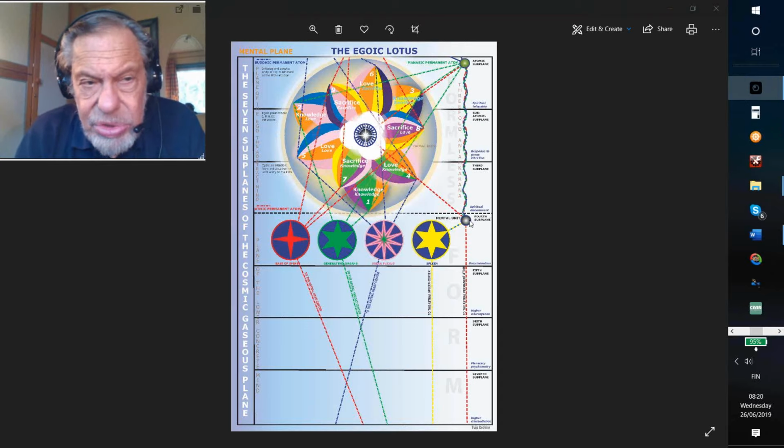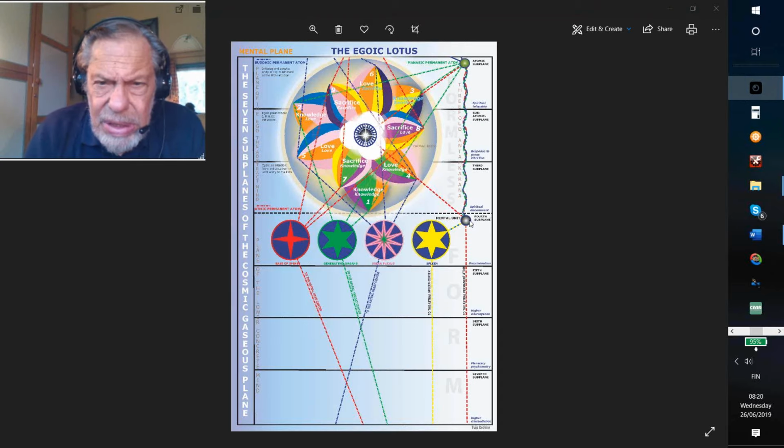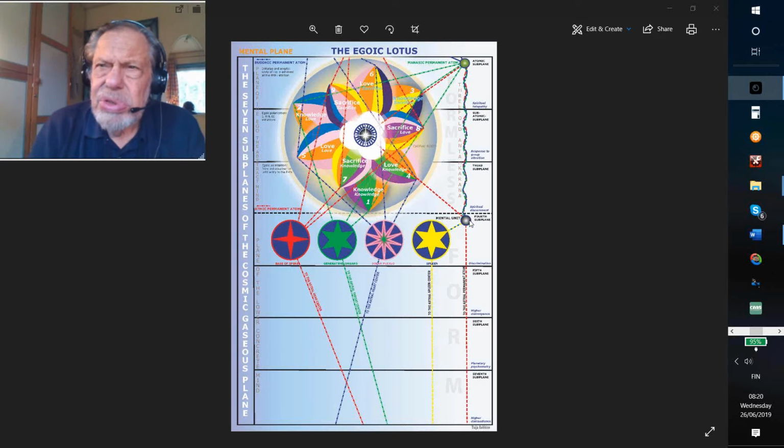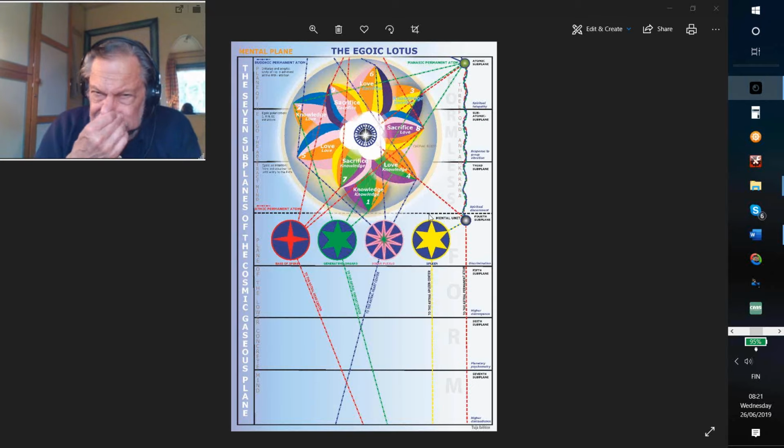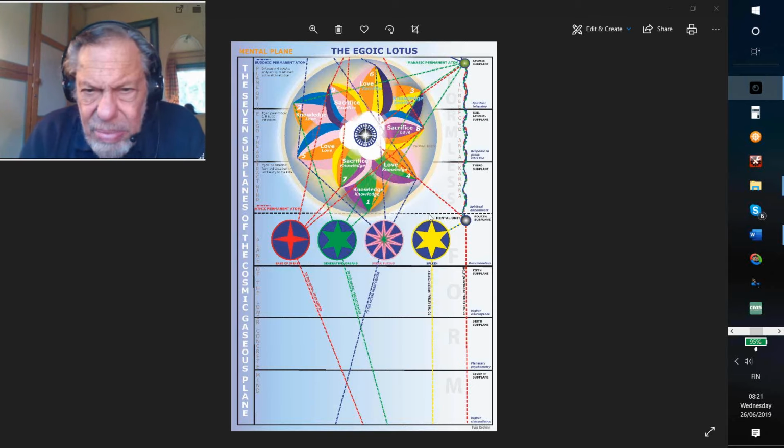We call it the soul or solar angel. But it is some source of beauty and of light and love which seems to be above and beyond us. But the very first thing we do is this. We follow this dotted line here into the egoic lotus, and that's our first type of meditation.